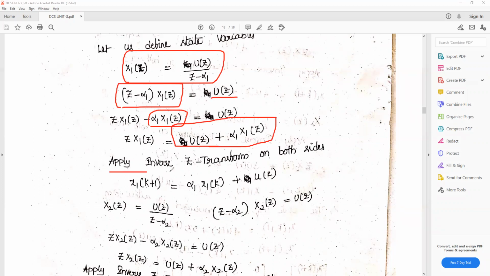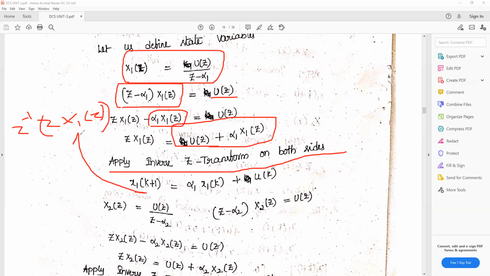By applying inverse z transform on both the sides, z inverse of z into x1 of z is x1 of k plus 1, and alpha 1 into x1 of z is alpha 1 into x1 of k.